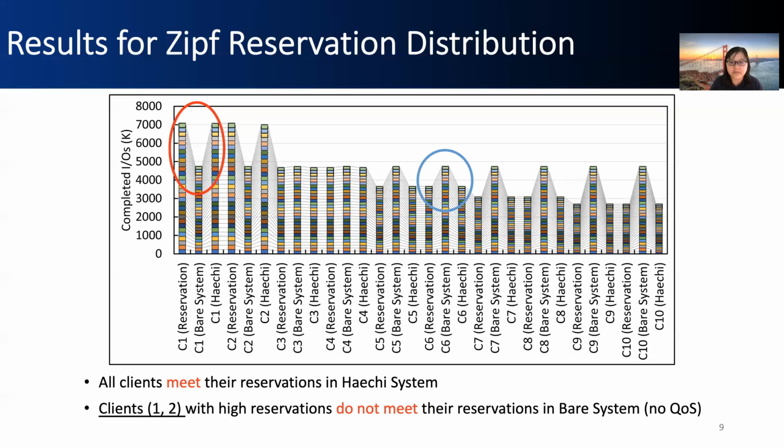Client 6 has a much smaller reservation than clients 1 and 2. Both Haechi and the bare system can meet its reservation. The bare system finishes additional IOs beyond the reservation, as shown in the second bar. The Haechi system will shift those IOs to high-reservation clients like 1 and 2 to guarantee QoS.